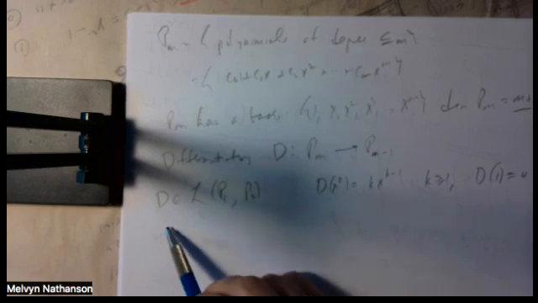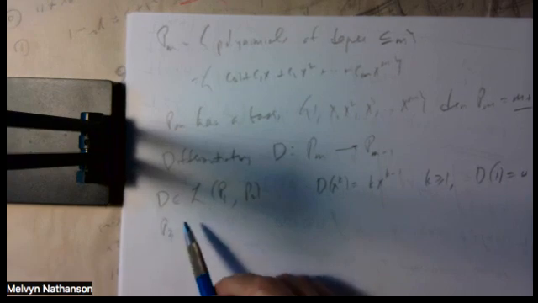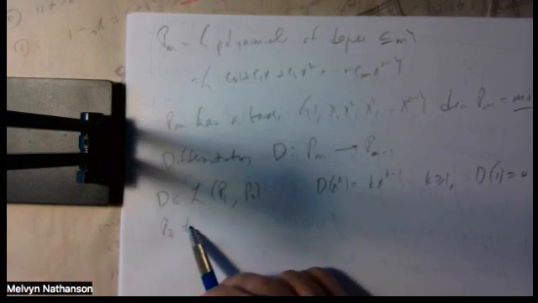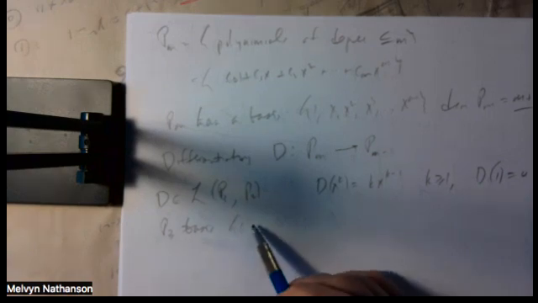D of x to the k is k x to the k minus 1. Exactly what you learn in calculus. This is for k greater than or equal to 1, and D of 1 is 0. So I have P3, which has a basis 1, x, x squared, and x cubed, and P2, which has a basis 1, x, and x squared.